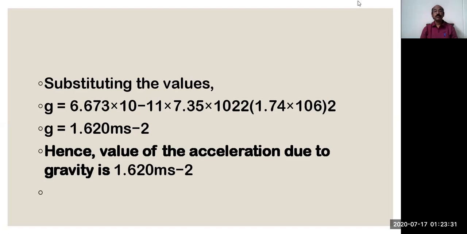Now we know what is meant by speed and velocity. The rate of change of position of a particle in a given time interval is called speed.